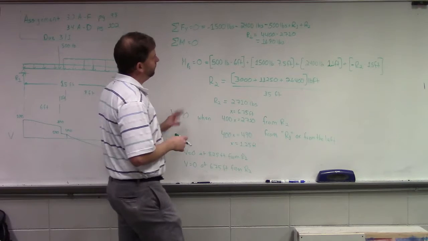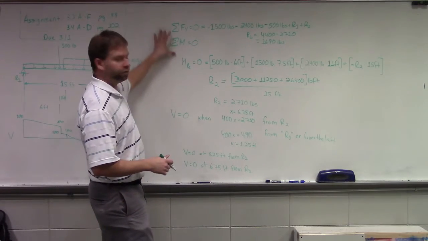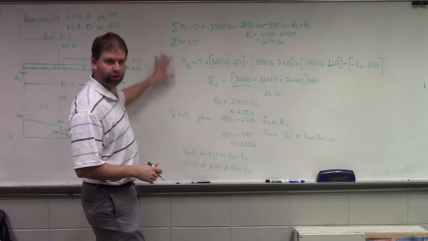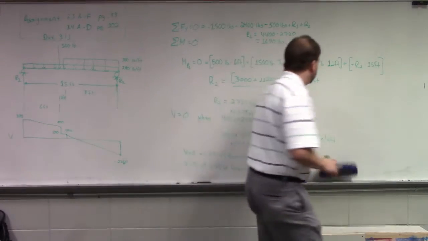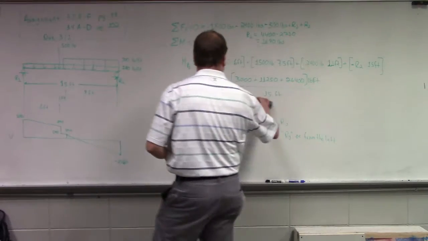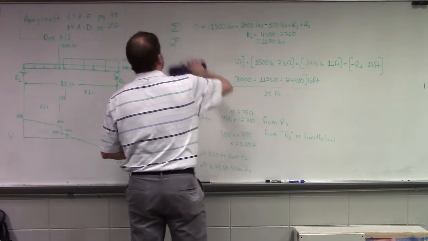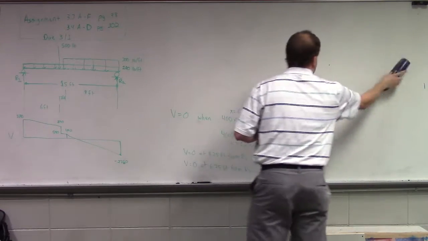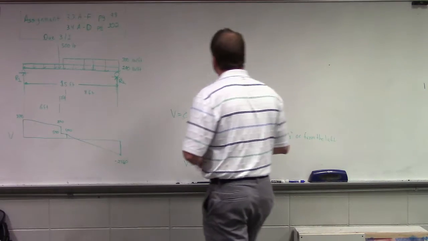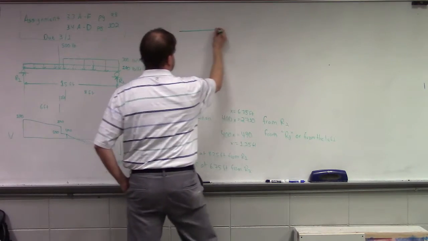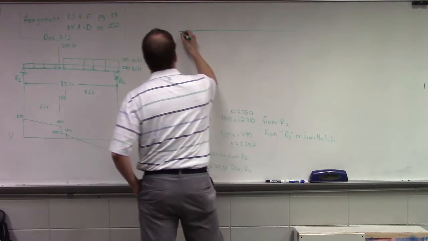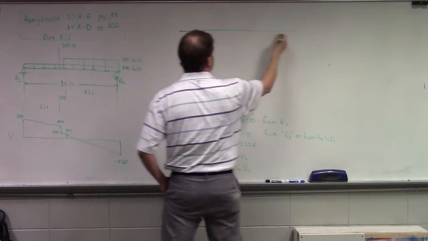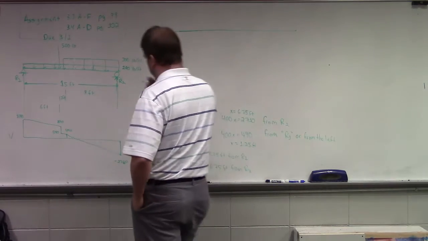So, is everybody good if I make this part go away about determining the reactions to do our bending diagram? Yep. Well, that part I got, I'm saying the bending.